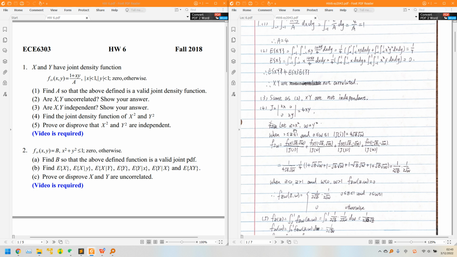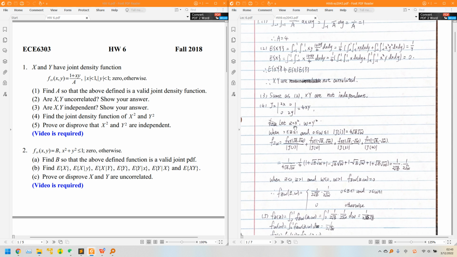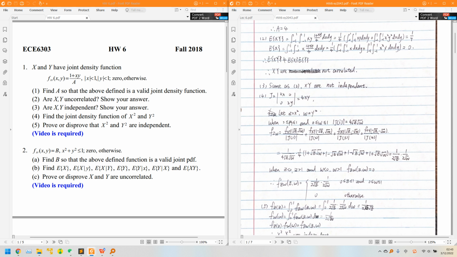We can let z equal x squared and w equal y squared. When z is from 0 to 1 and w is also from 0 to 1, the Jacobian value should be 4 times the square root of z times the square root of w.